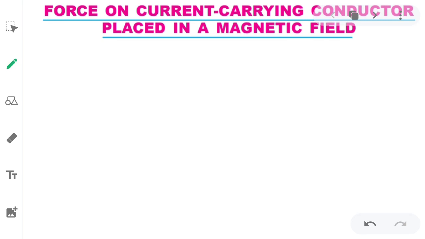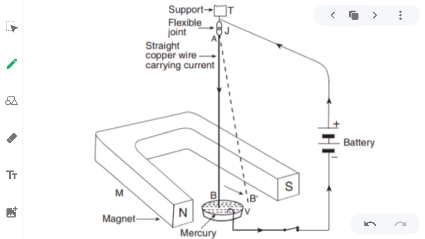So that's why we can say that when a current carrying conductor is placed in a magnetic field, a mechanical force is exerted on the conductor which makes it move. Here you can see in this picture a current carrying conductor. Here, in place of a conductor, a disc is there.